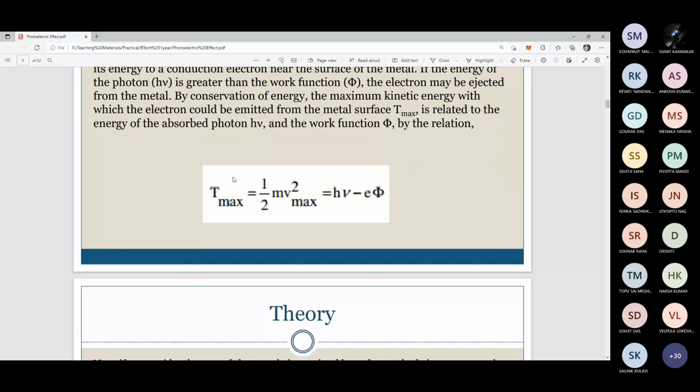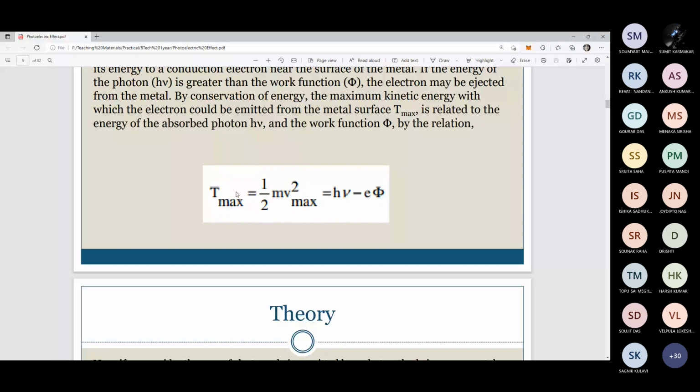If we consider the kinetic energy of the electron, then it is equal to half m v max squared, that is equal to h nu minus e phi.